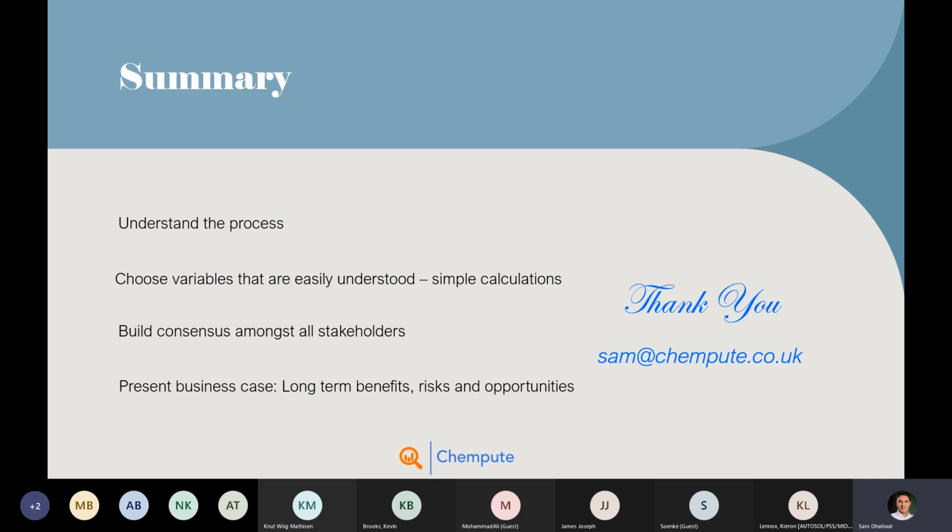And then it's important to build consensus amongst all the stakeholders, so that when you are doing your final presentation, everybody is in agreement and you don't have big challenges in selling the business case. And when you present the business case, make sure you look at long-term benefits and risks and opportunities as well. So that's all I have.